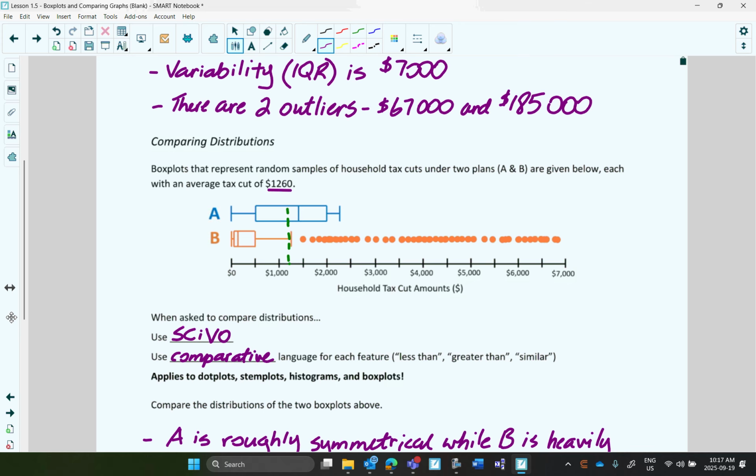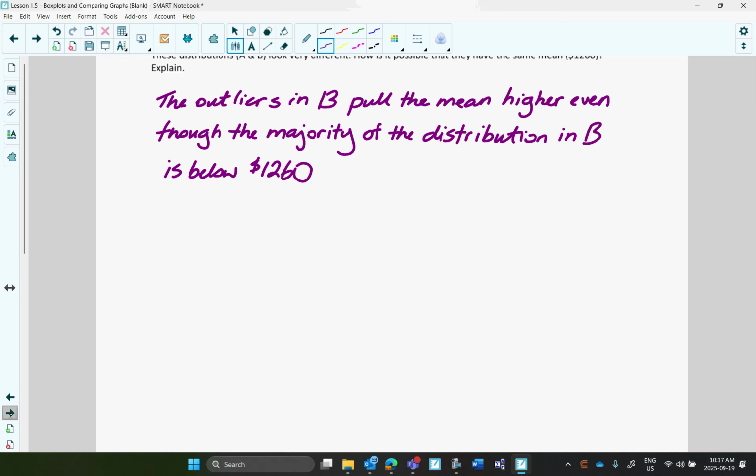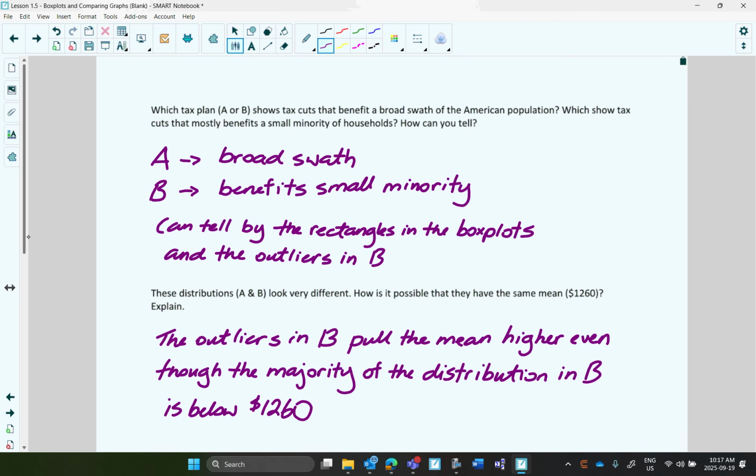So you can see, going back to the Republicans and Democrats, why Trump and the Republicans would want to say, hey, the average tax cut is $1,260, so everybody's getting a tax cut. But the Democrats would say, well, hold on. The only reason that average is so high is because all the rich people are getting huge tax cuts.